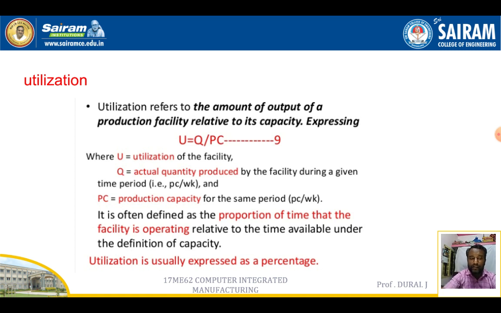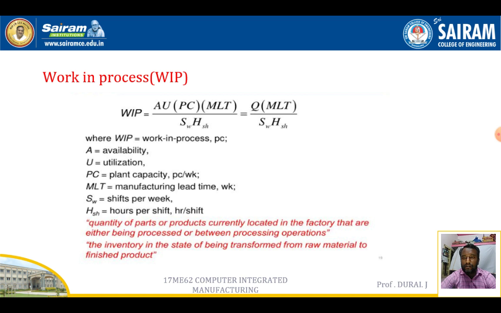Then comes the next one, work in process. How much material has to wait for the operation is work in process. We can calculate WIP with the help of A U PC MLT divided by Sw Hsh, where A is availability, U is utilization, PC is production capacity, MLT is the manufacturing lead time, Sw is shifts per week, and Hsh is hours per shift.